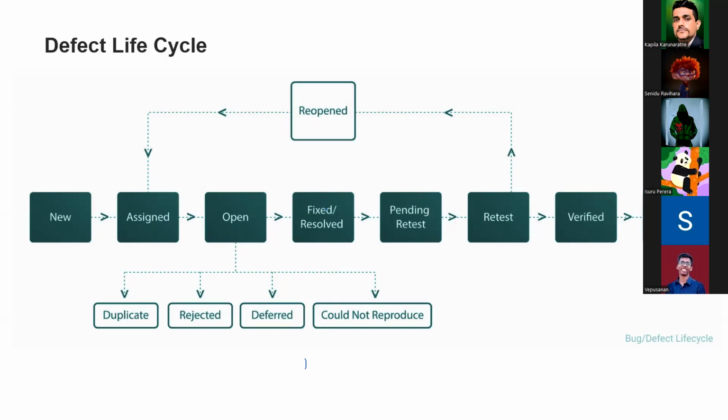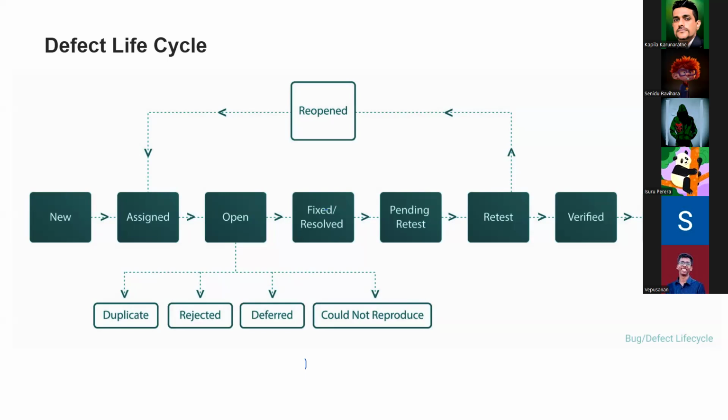We call it triage. Triage needs to happen every day. They should have a meeting with developers, the QA team, business analysts, and the project management team. Everybody needs to get together and discuss all the concerning defects. If everybody agrees, there's no issue. But for defects where some party cannot agree, it has to be discussed and agreed whether it's a defect or not.